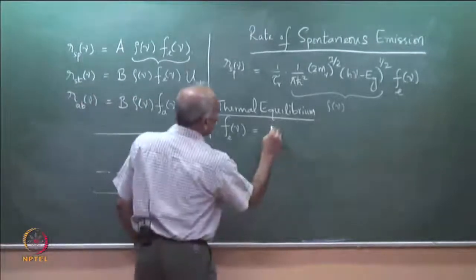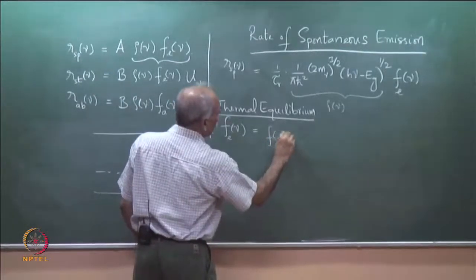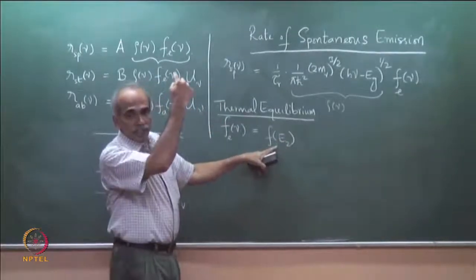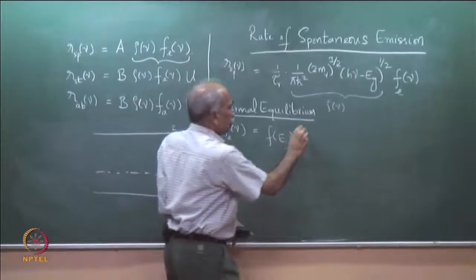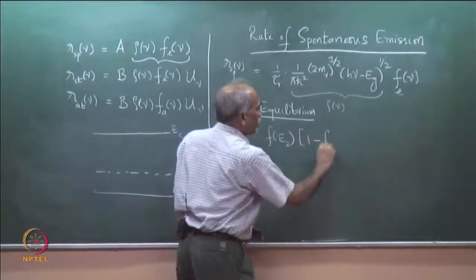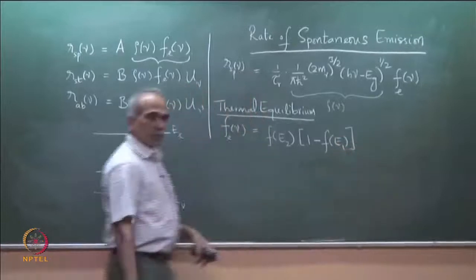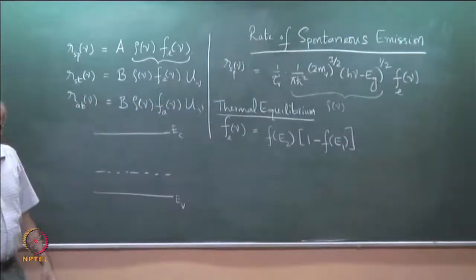F_E of nu is equal to F of E2, that is the probability of having an electron at state E2, into the probability of having a hole at state E1, 1 minus F of E1.